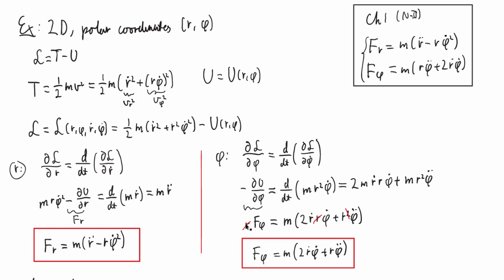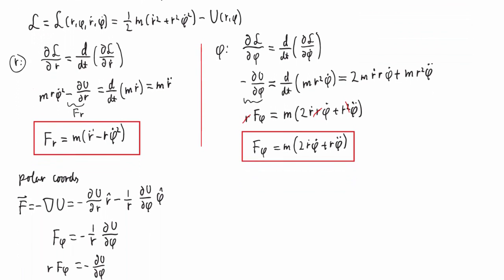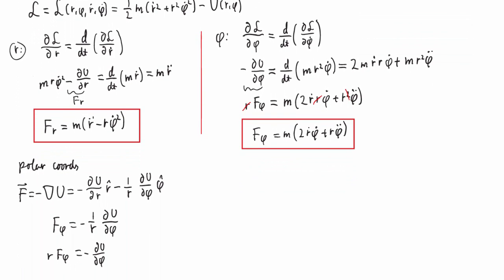You have to, of course, come up with that ∂U/∂phi is actually r times f sub phi, but that follows directly from the definition of the gradient in polar coordinates, which you can easily look up, and then you arrive at this result. So this is definitely a simpler approach to working in curvilinear coordinate systems than just applying Newton's second law in its regular form.